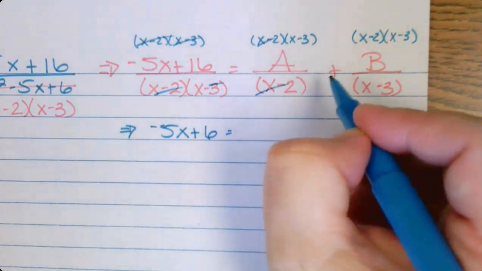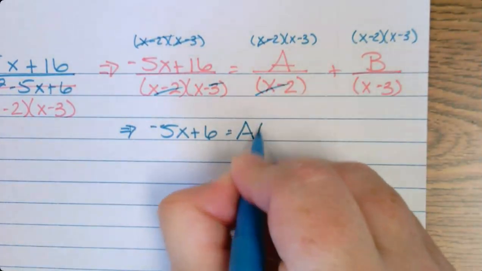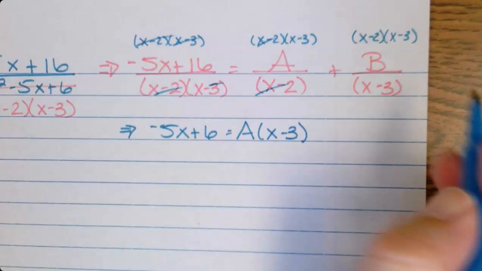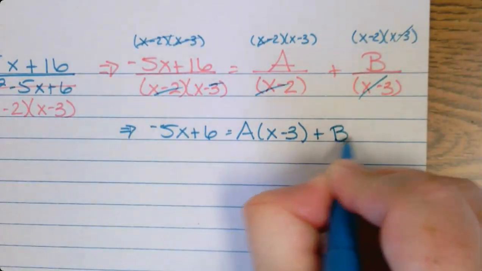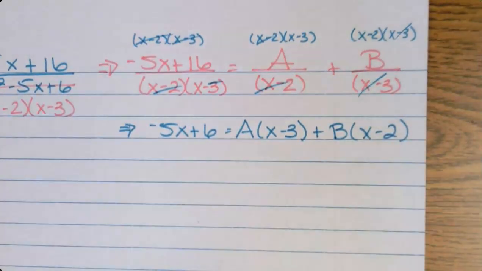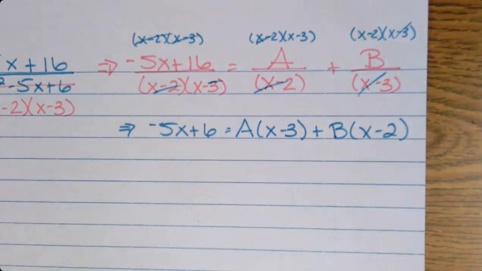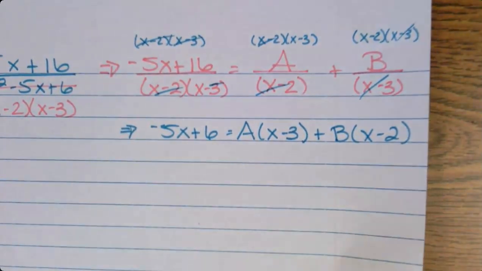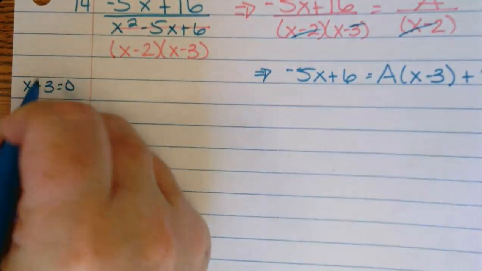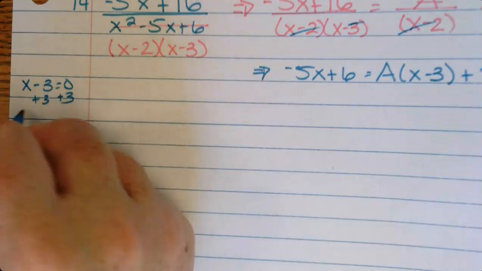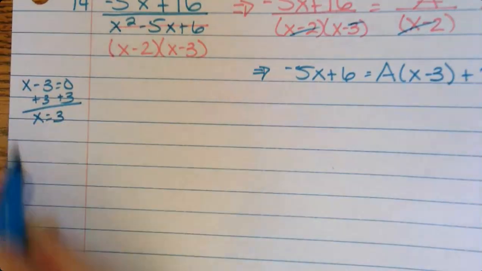The x minus 2's cancel, and I'm left with a times x minus 3. The x minus 3's cancel, plus b times x minus 2. Then x minus 3 equals 0, add 3, so we have x equals 3.